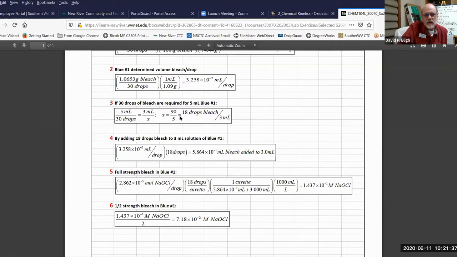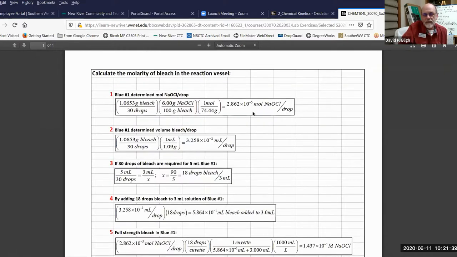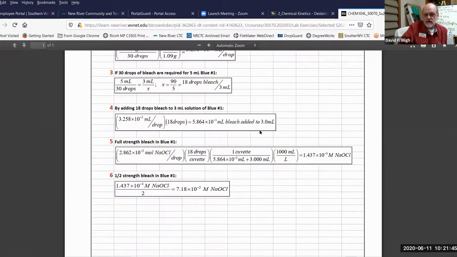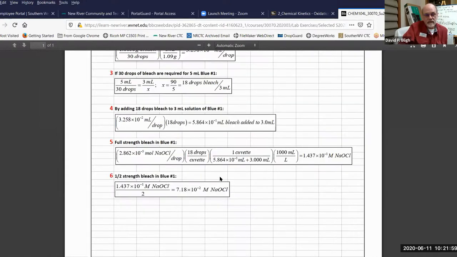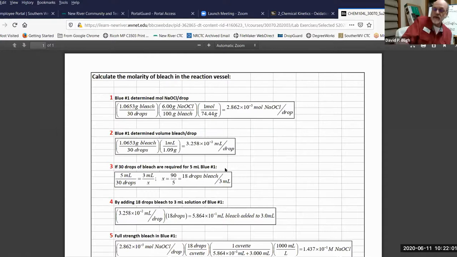Up here. The first step is to find out how many moles per drop. Then you can determine how many moles of sodium hypochlorite were added to the cuvette, and that's your concentration. And then, of course, for half concentration, all you need is to divide that by 2. So that actually does all the calculations for you.